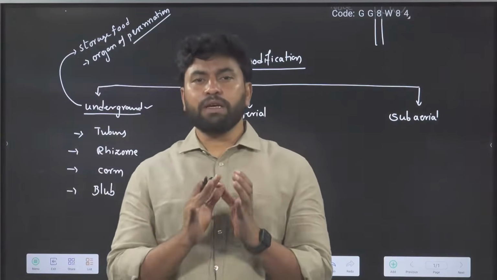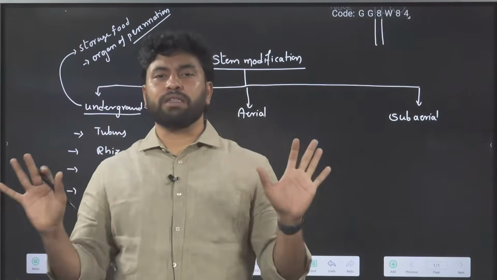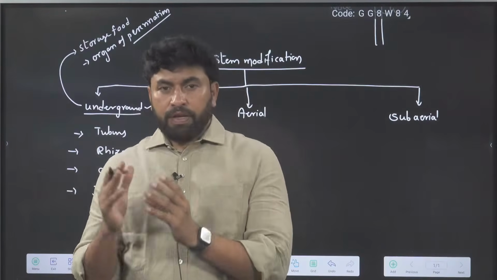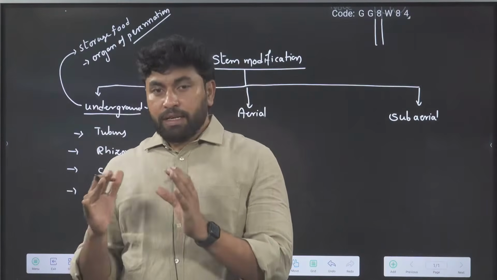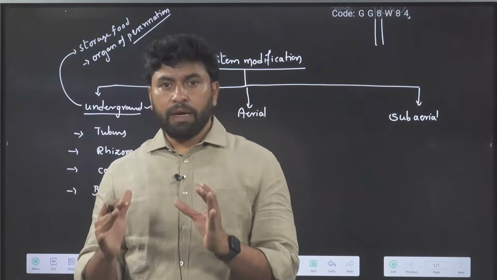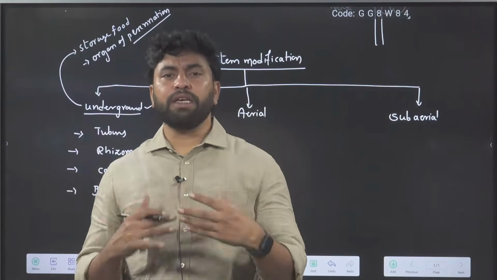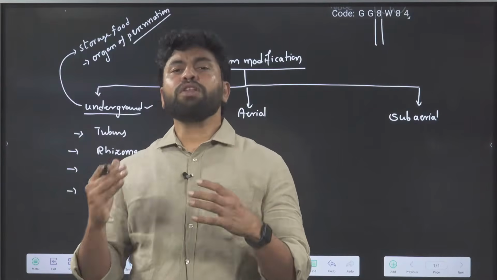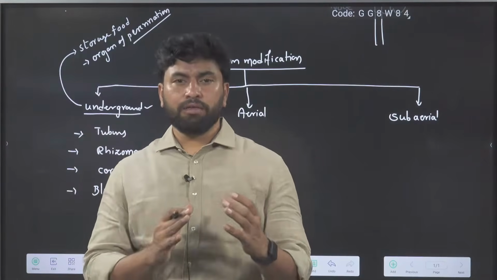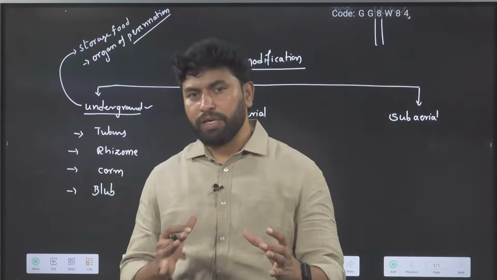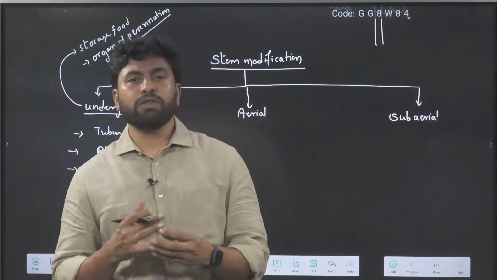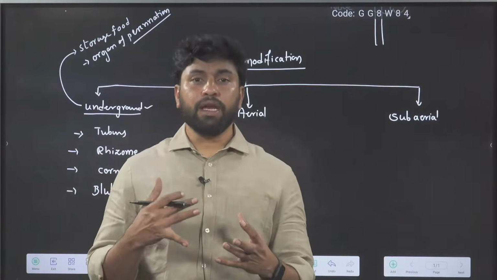That's it. But perennial means a plant that can survive for many years. It may be biennial or more than biennial. Some plants survive just 2 years, and some more than 2 years. All those are considered perennial plants.